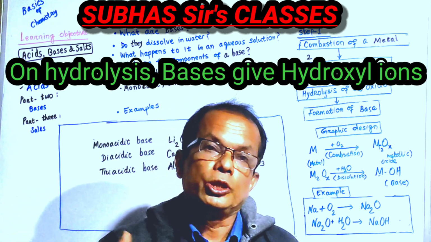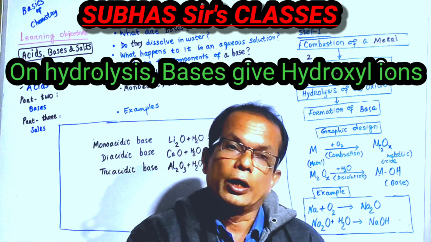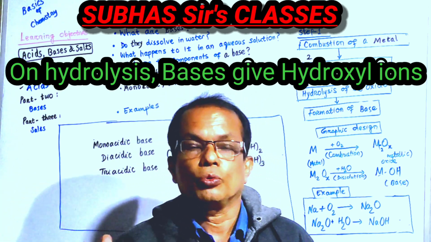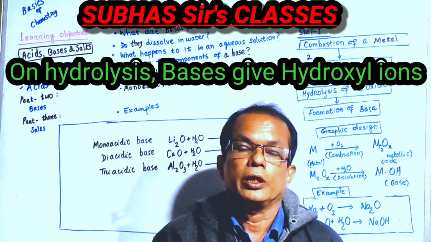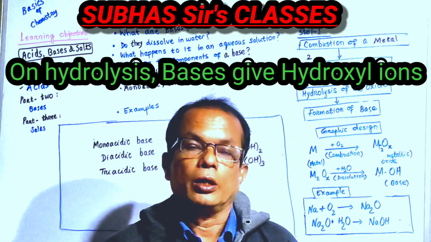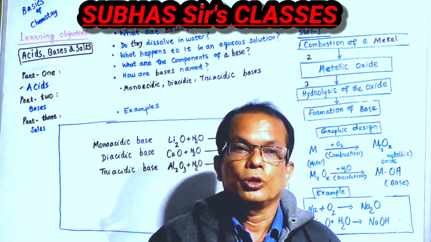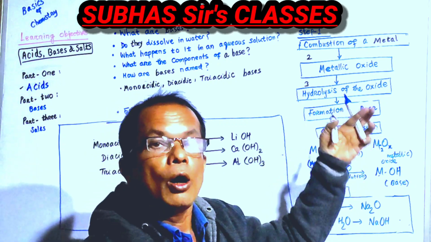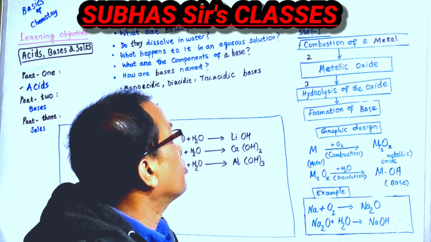Bases, when dissolved in water, or when we form aqueous solutions with them, we find at least one metal ion and a hydroxyl ion. So let us go to its steps, how to make bases in the laboratory.